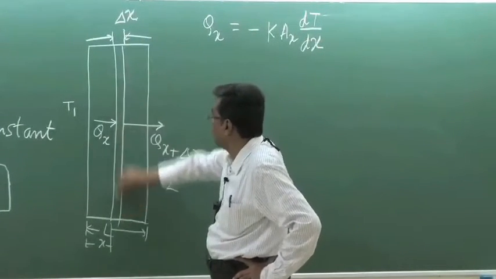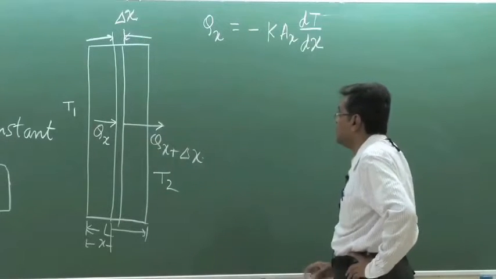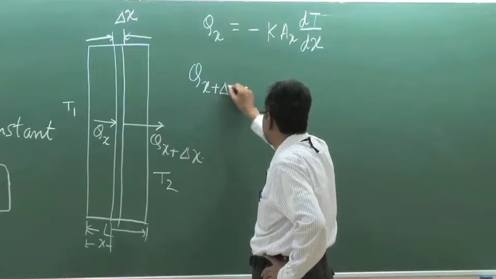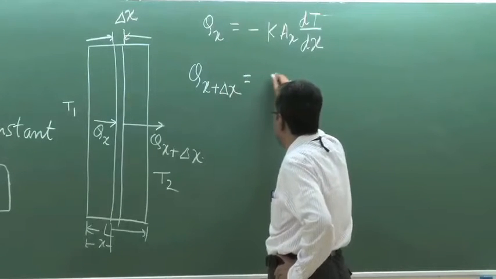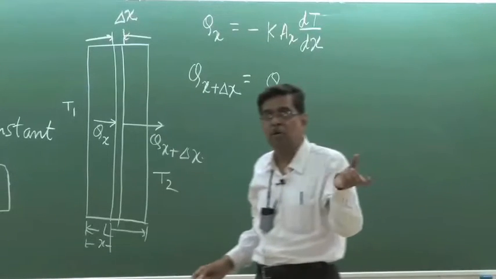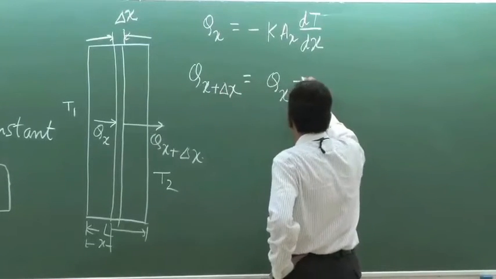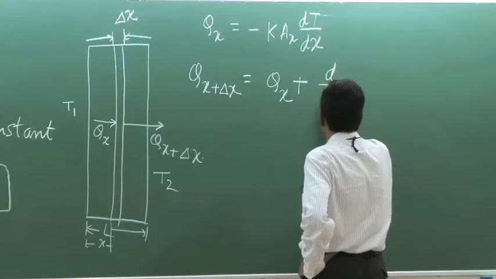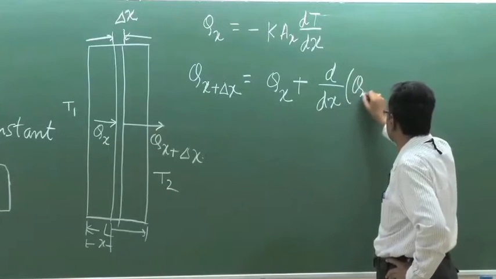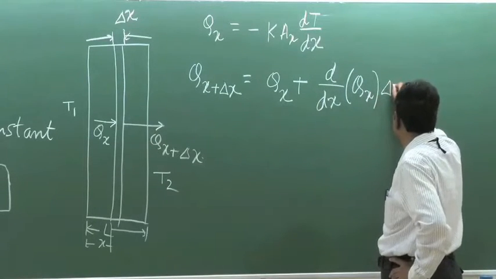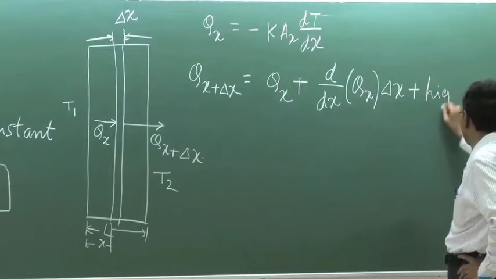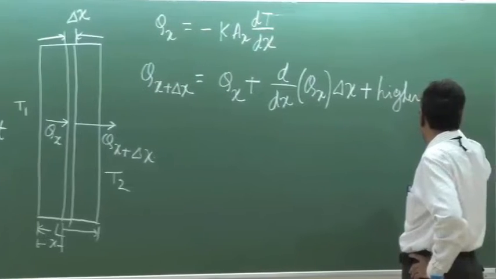So with the same logic, Qx plus delta x we can expand in a Taylor series at x in the neighborhood of x plus delta x this way: Qx plus d/dx of Qx times delta x plus higher order terms in delta x.